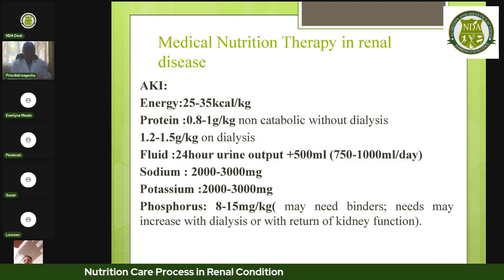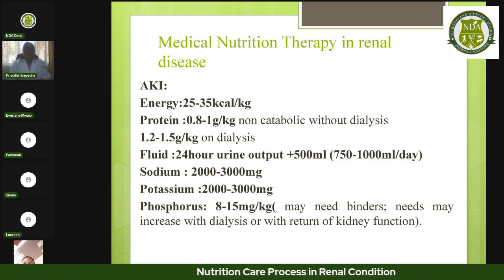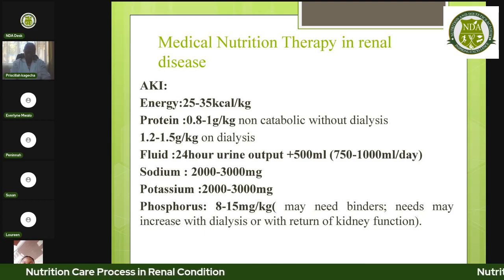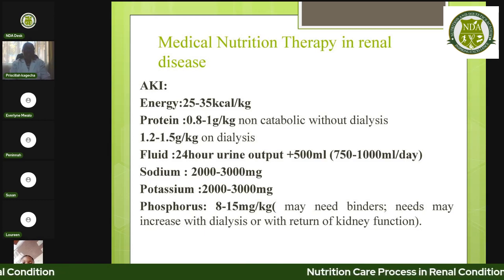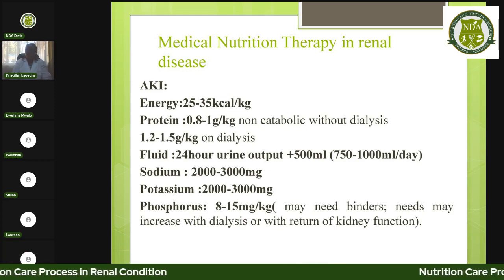For fluid in AKI, you want to see, does this patient have edema? If the patient has edema, then you want to limit their fluid intake to about the 24-hour urine output plus maybe 500 mils only of fluid.